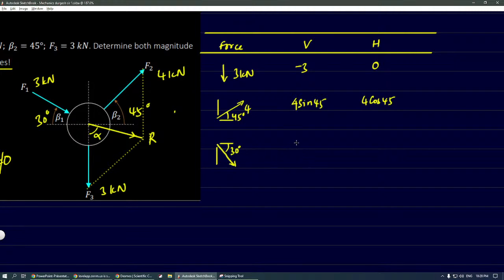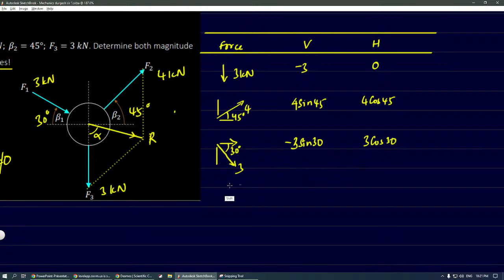So vertical is minus 3 sine 30. Horizontal, this one is cos positive, sorry, this is plus 3 cos 30.